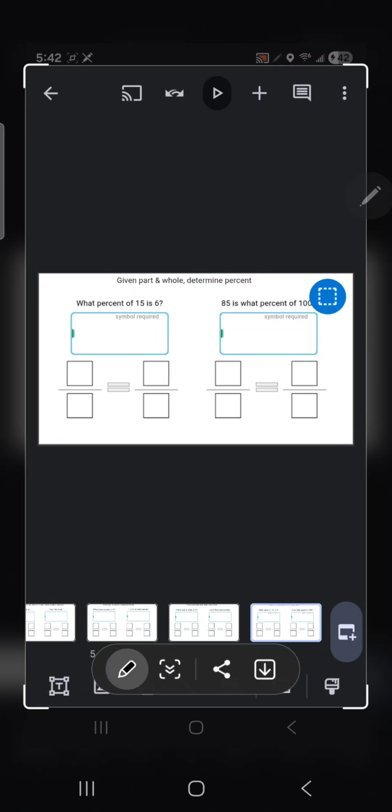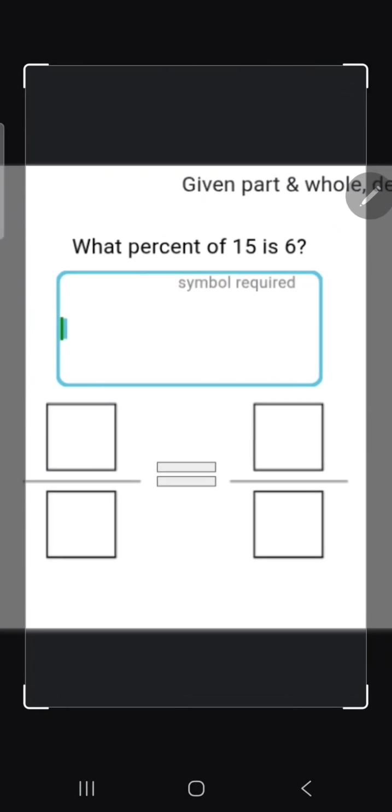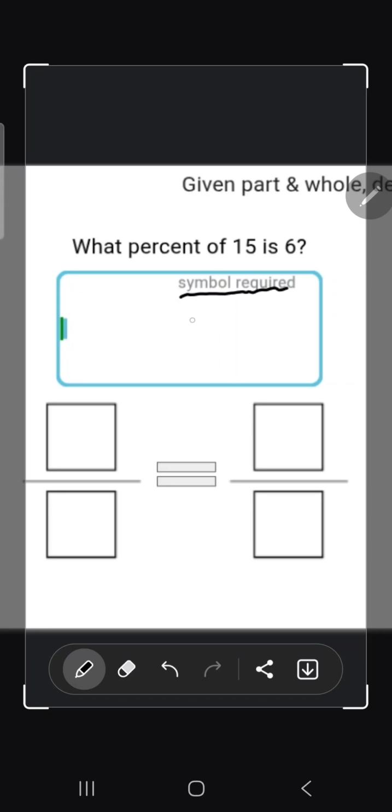Now the last 4 problems I have for you are asking for the percent. So the symbol that is required is going to be a percent symbol. Still the same procedure, except for one thing. Over the 100 is always the percent, and since we want to figure out what the percent is, that's where the x goes.